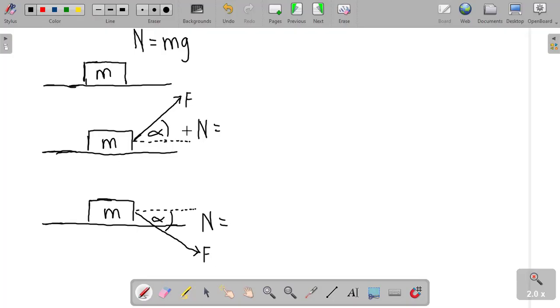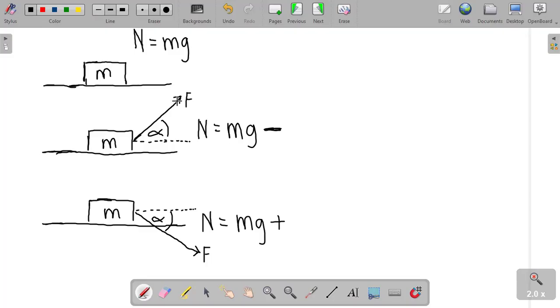The normal force in this case would be mg, and even here you would have mg. But if the force is going diagonally up, it's going to be minus, and if there's a diagonal movement downwards, it's going to be plus.